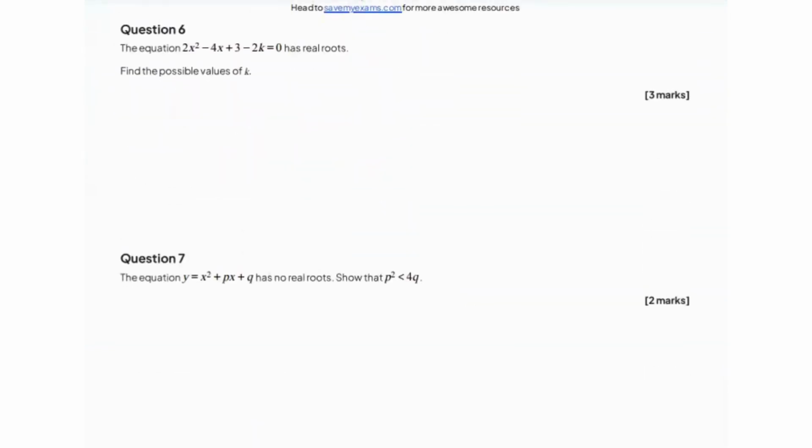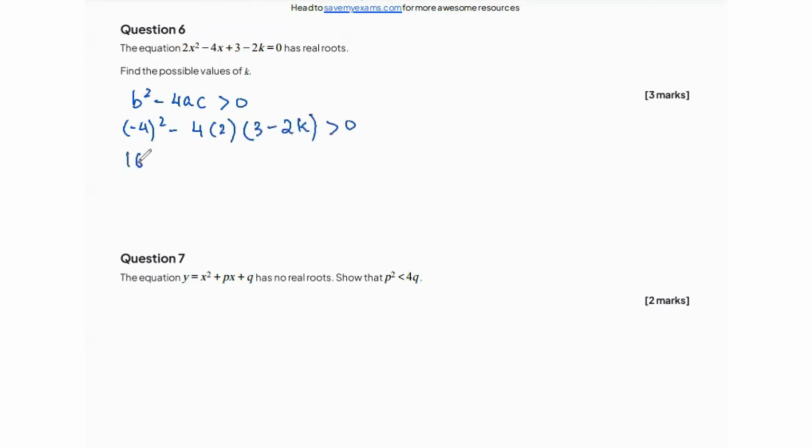Question 6 says the equation 2x squared minus 4x plus 3 minus 2k equals 0 has real roots. Find the possible values of k. So in this case, it has real roots. So when we have real roots, b squared minus 4ac would be greater than or equal to 0. b is -4, a is 2, and c is 3 minus 2k.